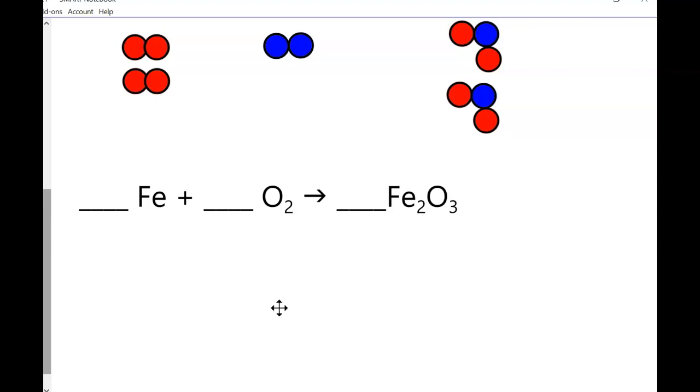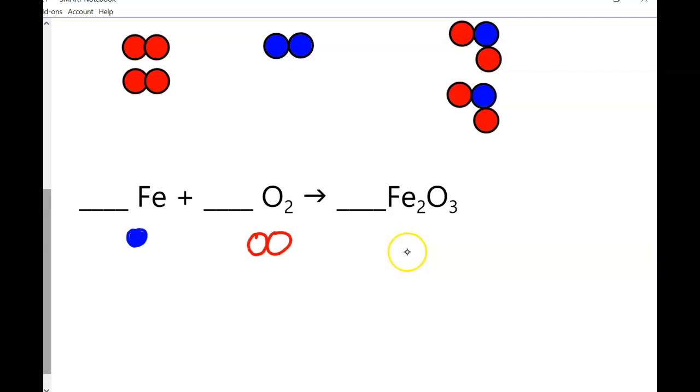All right, so let's draw a particle diagram for iron. So iron would just be 1. And oxygen, let's make that red this time, and I'll leave those circles open, make my life a little bit easier, to be O2. So right now we have 1 iron on the left side, and on the right side I have this iron 3 oxide.